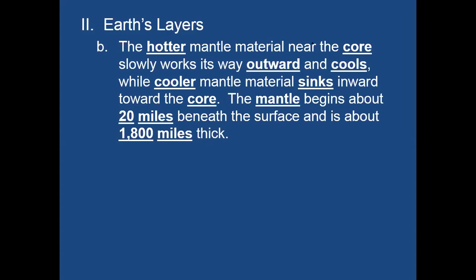If you remember back to when we were talking about oceans, we talked about convection currents and that warmer things rise and cooler things sink. Well, if we imagine the earth as sort of, here's the core, okay, here's the mantle, and then this is the crust up here.